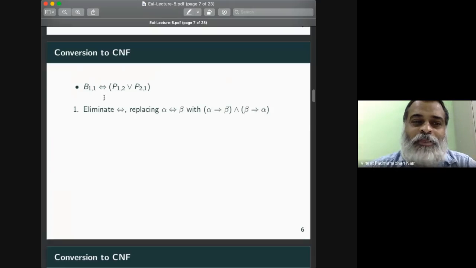If I give it in the format shown in the slide, it becomes very difficult. Why? Because you have to work through all the truth values. The entire truth table you might have to check.